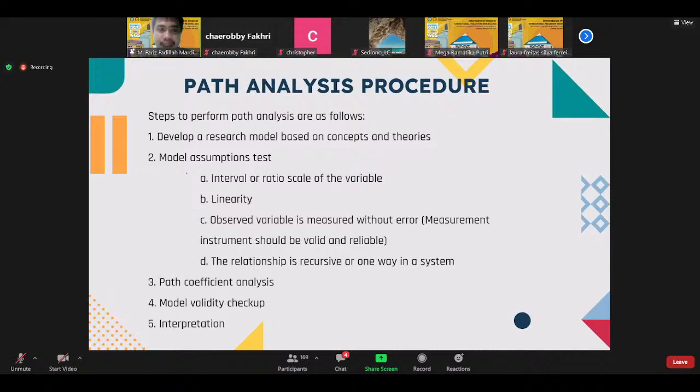The first is to develop a research model based on concepts and theories, and then make the model assumption tests: interval or ratio scale of the variables; second, linearity and observed variables measured without error, or the measurement instrument should be valid and reliable; and the last, the relationships go one way in a system. Then path coefficient analysis: you determine the path coefficients, check model validity, and the last is interpretation.